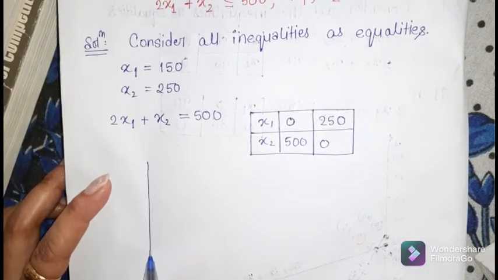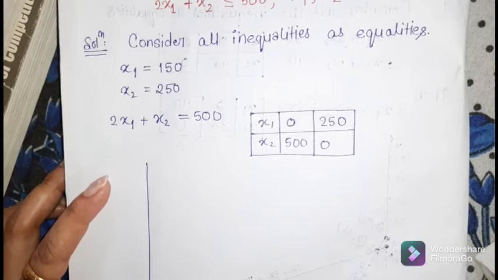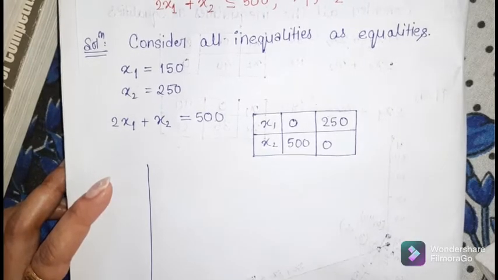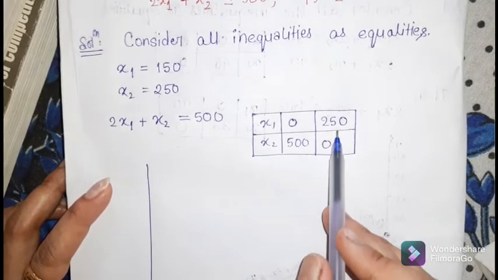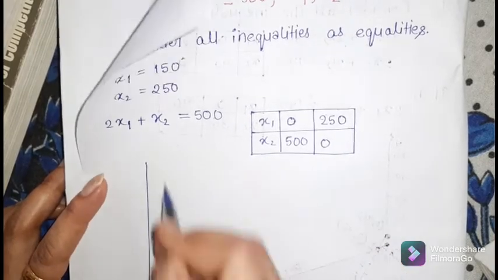Here I think we have to take 50 unit steps. Maximum we have x1 250 and x2 500.